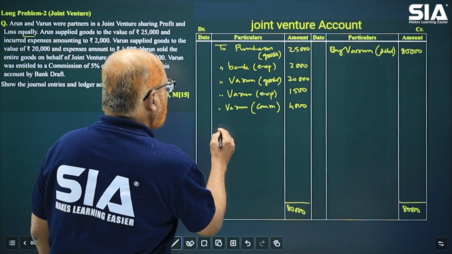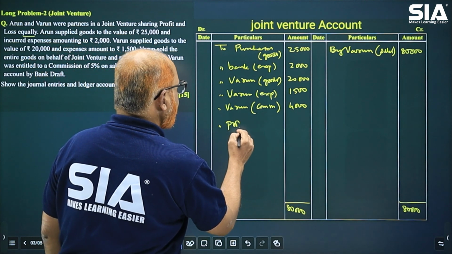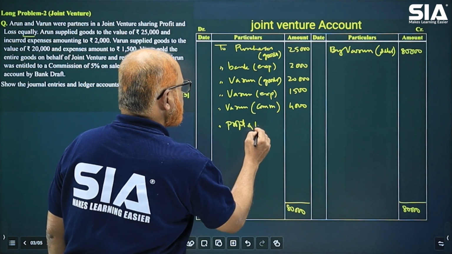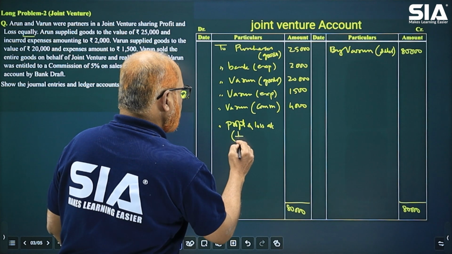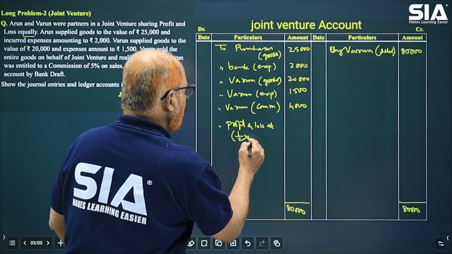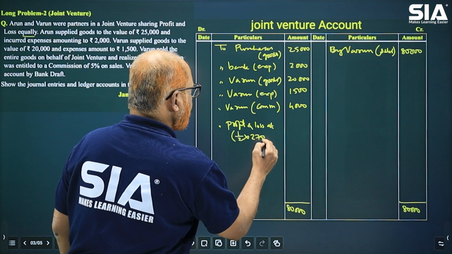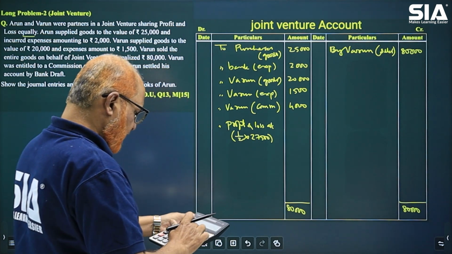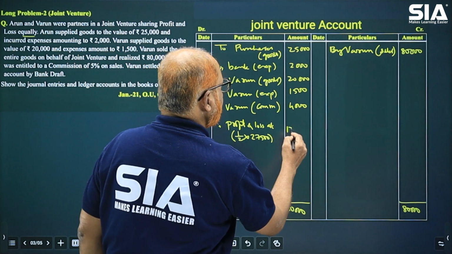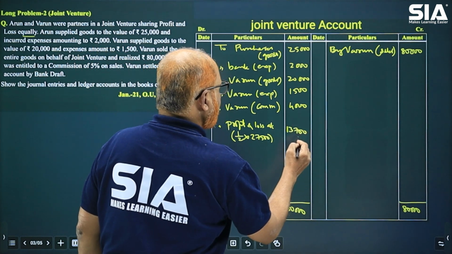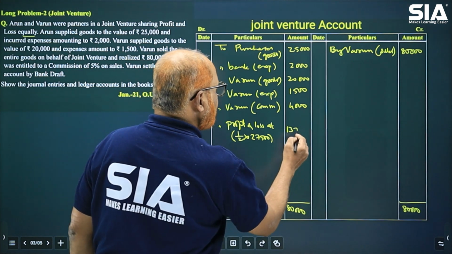So here, to profit and loss account, 1 by 2 into 27,500. 27,500 divided by 2 comes to 13,750.